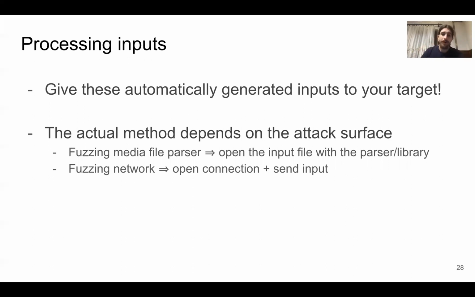Why? Because the point of fuzzing is that you want to be super fast, and opening a connection introduces a large overhead. So what you could do is cut that part, and keep everything locally so that you can boost the performance of the fuzzer.